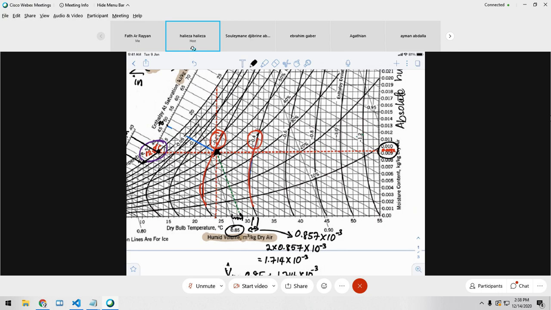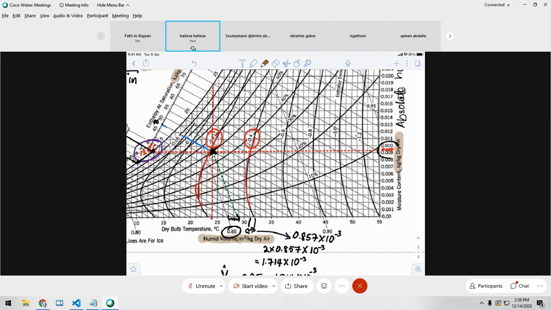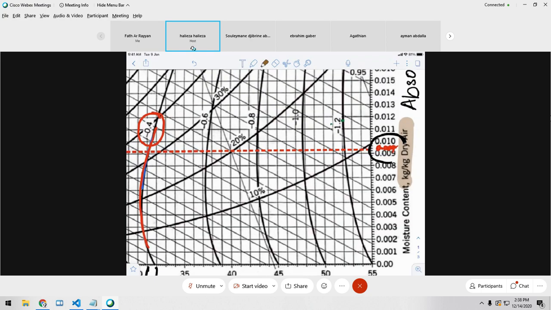If you remember yesterday, this is kilogram of water vapor per kilogram of dry air. So this is the amount of water vapor in the air. Let me erase that because I want to show you guys. It's going to be 0.0092, that is the moisture content or absolute humidity.